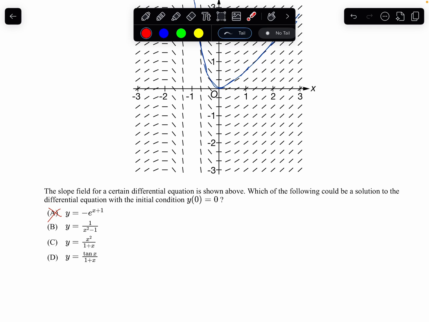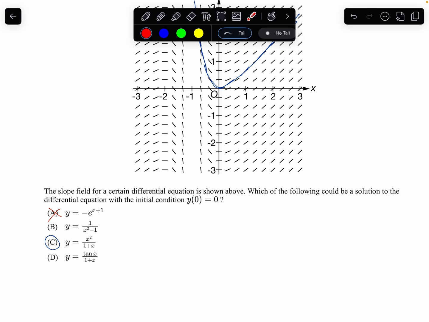This is weird. It's got to be C. Sorry, it just took a little bit of a second for me to realize that. So the reason why it has to be C is because of the initial condition.